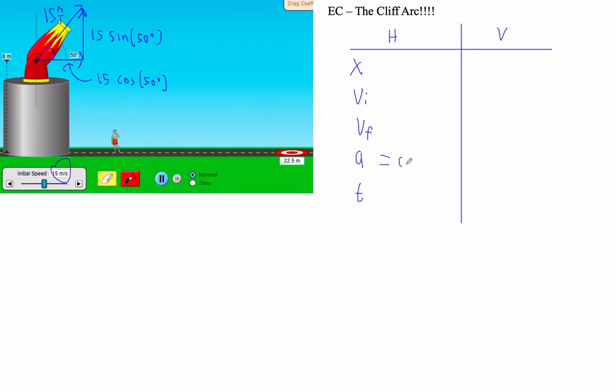Okay, we know this is going to be 0. X VI. We know this will be negative 9.8, and that's T. And then let's figure this out. So 15 sine 50, enter. 15 cos 50, enter. So 11.491.